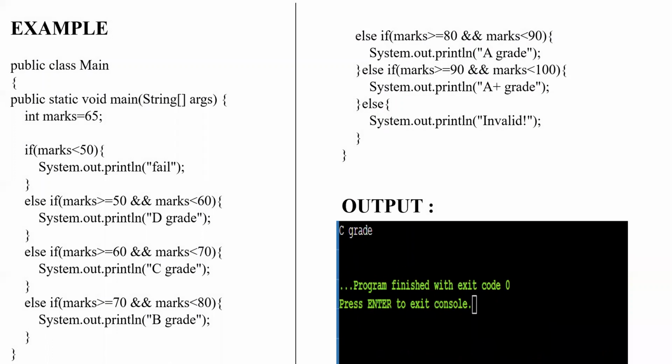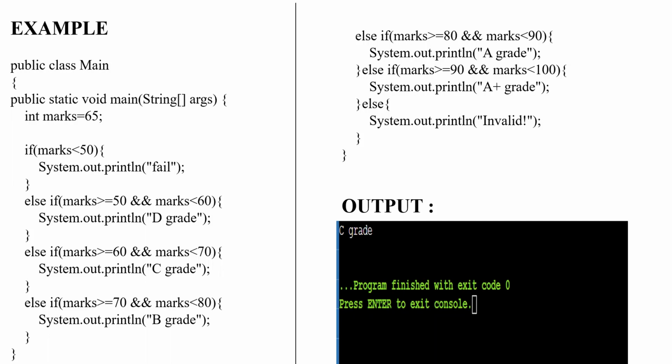So now we will see one example of an if-else-if statement. Basically, it is a program that shows a grade system: fail, D grade, C grade, B grade, A grade, and A plus. So we can see here a string value we take as input from the user.